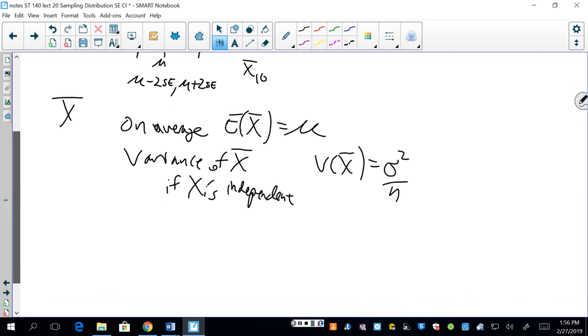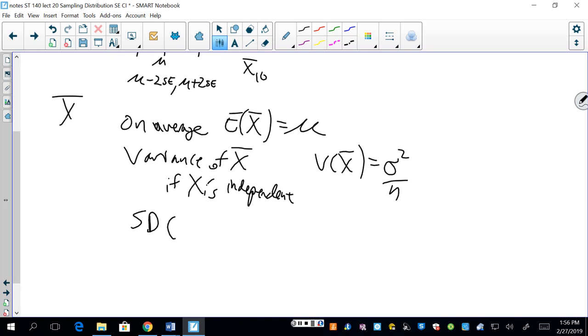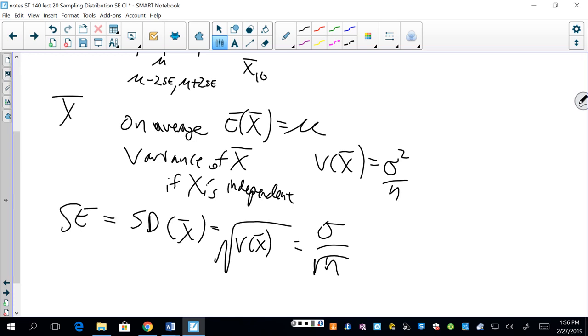So the standard deviation of X bar is the square root of that, because it's the square root of the variance. So it's sigma, the standard deviation of one measurement, divided by the square root of n. And that's the standard error that describes the variability for an average. It's the variability for an individual observation, but it decreases.